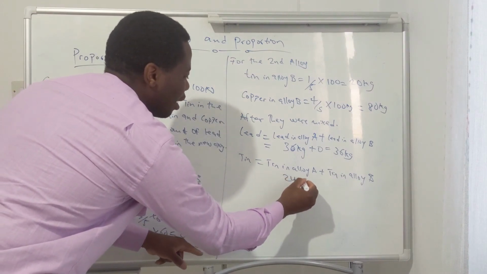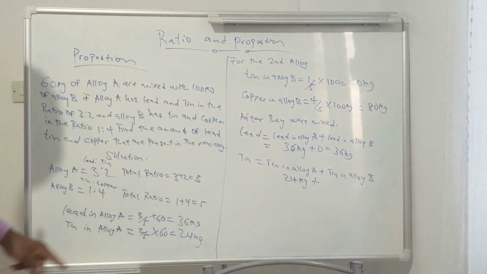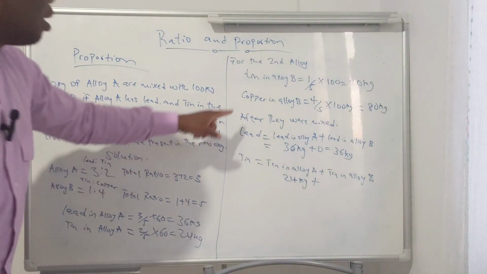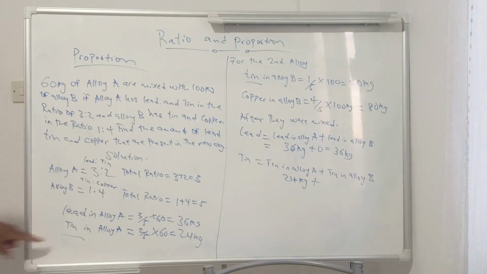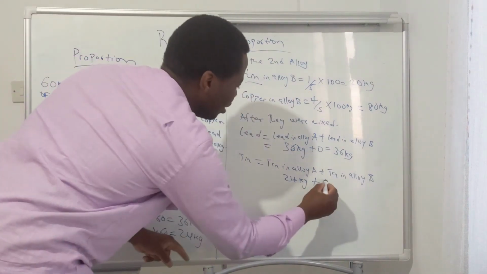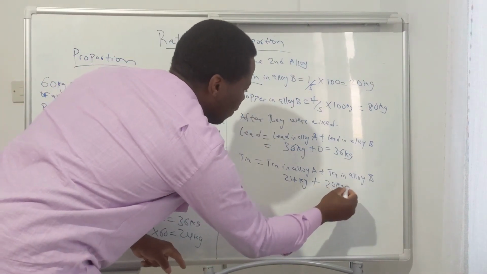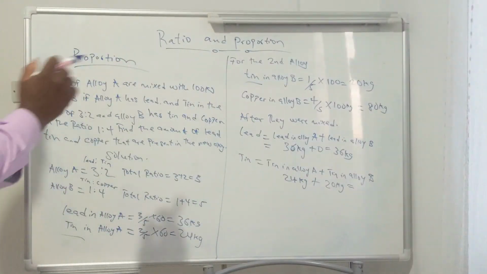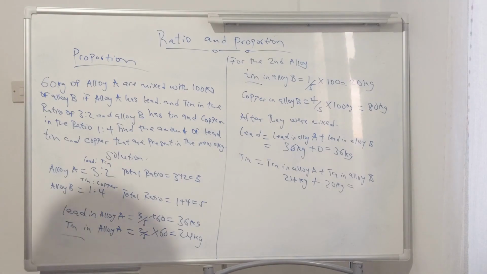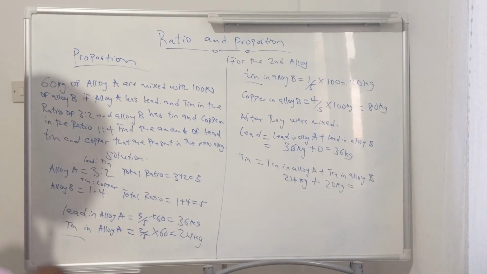What's the amount of tin in alloy B? Tin in alloy B is 20 kg. So the total here will be 44 kg.